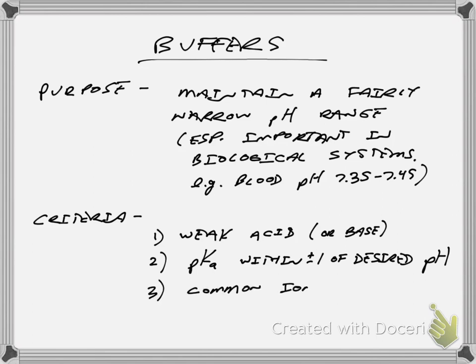The third criteria is that you have to have a common ion salt. And we've seen already what common ions do in solubility and in other applications, but this is what really makes the buffer work. It has to be the anion that corresponds to the weak acid.